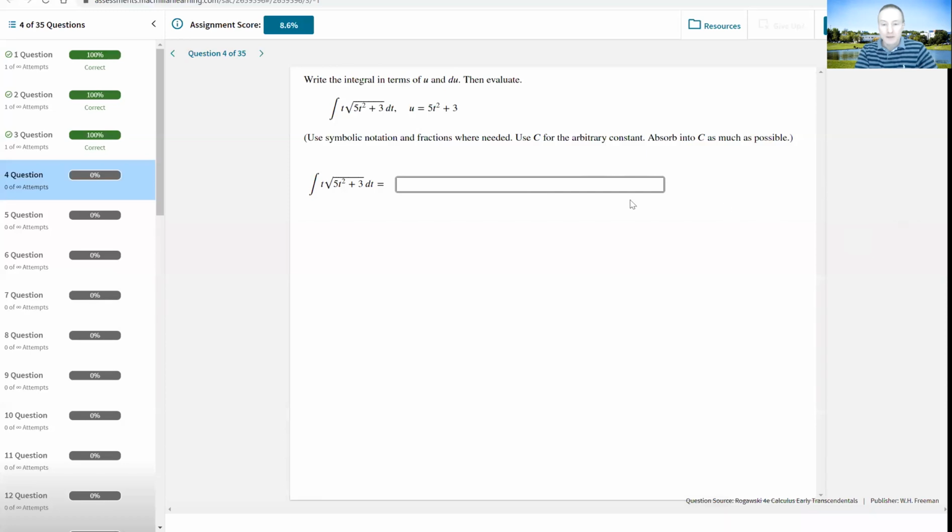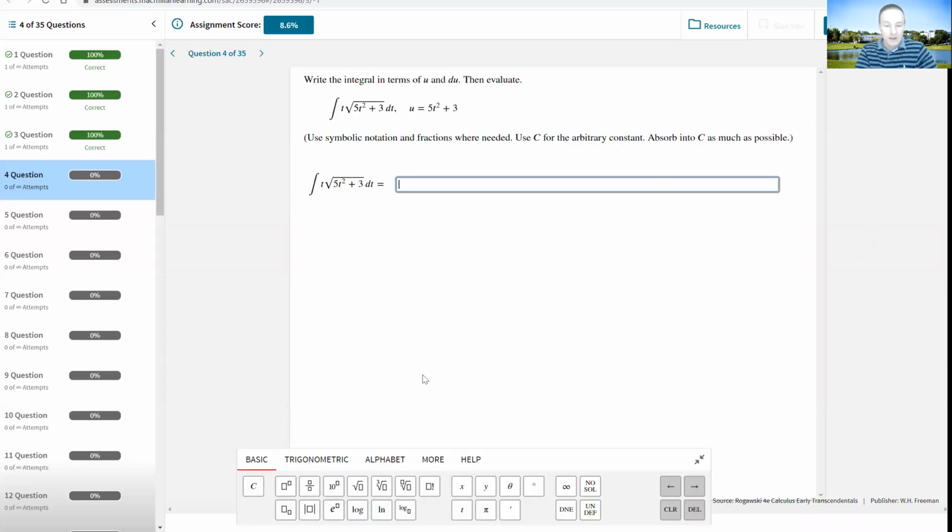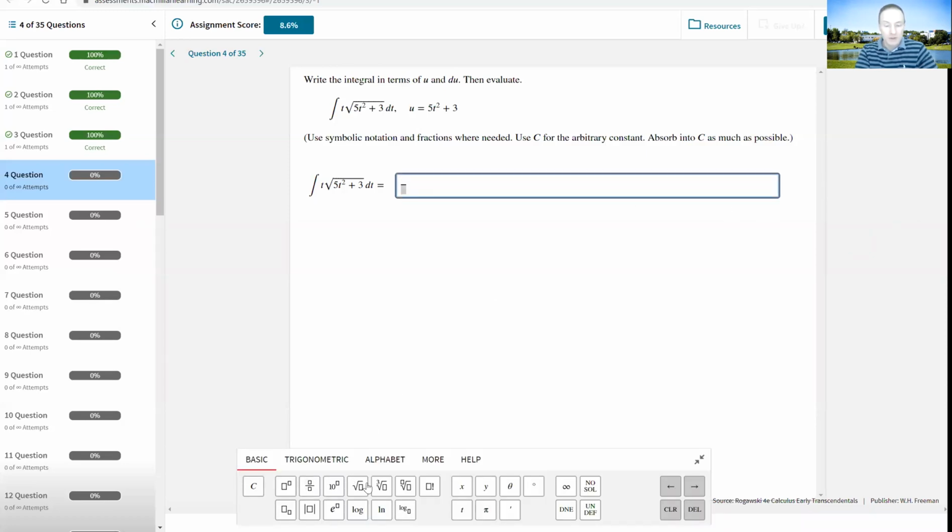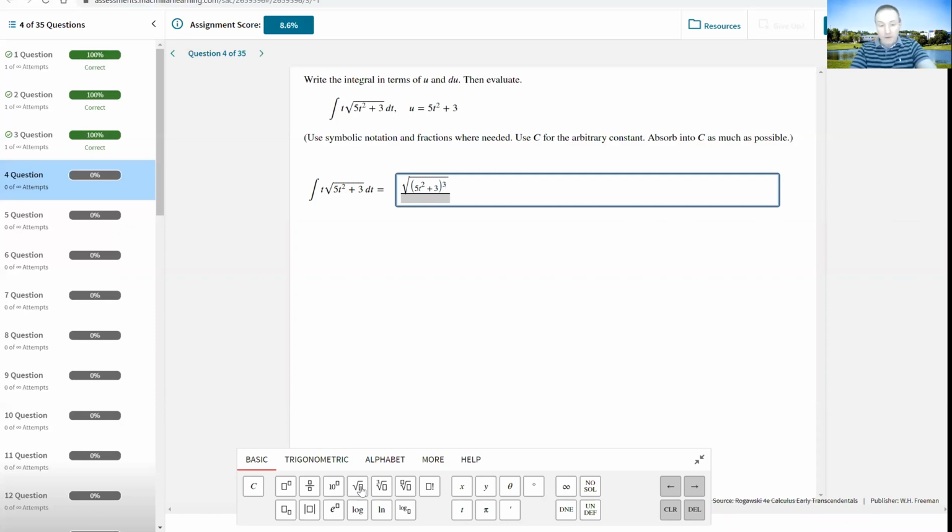Now, I'll need to use the palette within Achieve to help me on this one. First, I have a fraction, and then I have a square root, and it was the square root of the group 5t raised to the second plus 3, and then I had that group raised to the third power, and then all of this was divided by 15, so I go down to the denominator, divide by 15, plus the constant of integration.